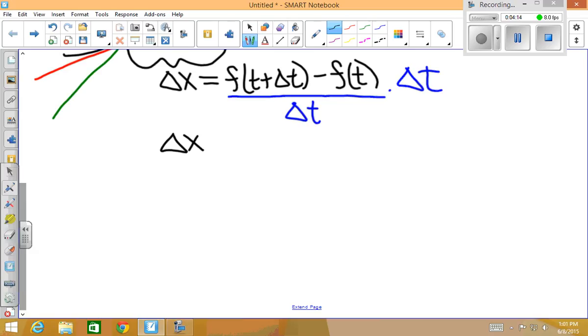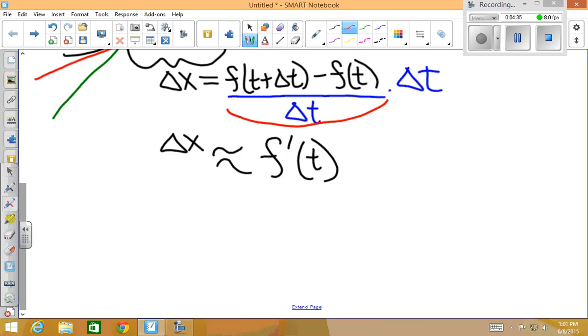Now this becomes delta x, and f of t plus delta t minus f of t, divided by delta t, is approximately equal to the derivative of f at t. If you just think of f as being a function of t, this is the way that we would start out finding the derivative of f with respect to t.